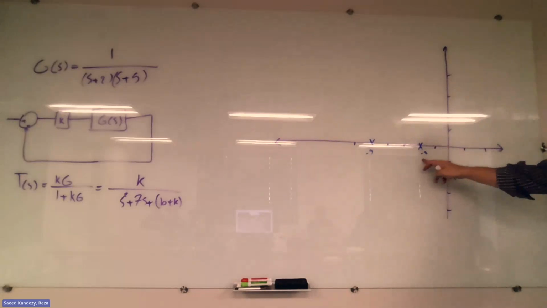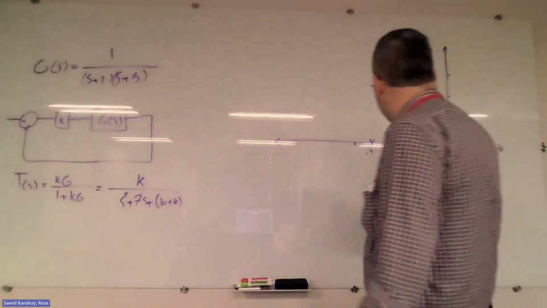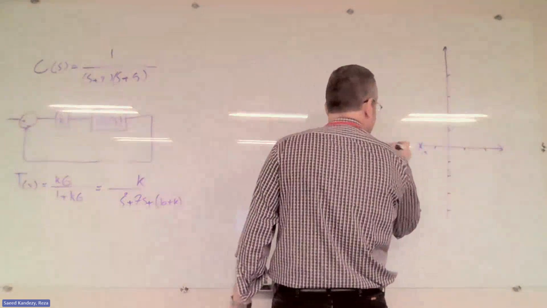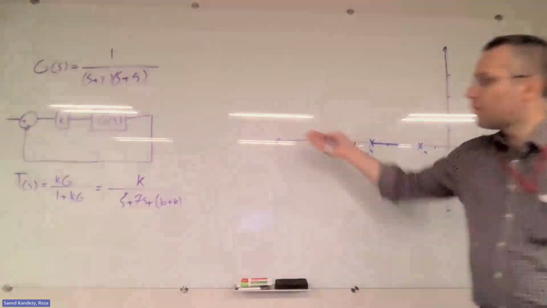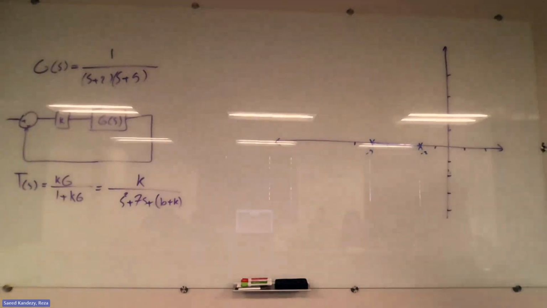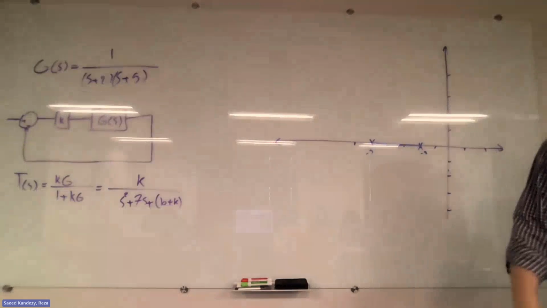So from -2 to plus infinity, we don't have anything to the right of that section, so this part is not going to be in our trajectory. Between -2 and -5, we have one pole, so this is going to be in our trajectory. And from -5 to -infinity, we have two poles to the right of it, so it is not going to be in our trajectory. Okay, so this is for the real axis.